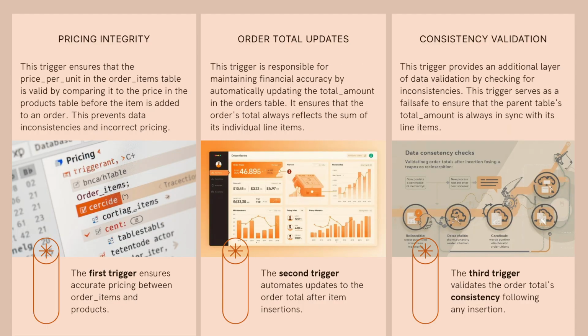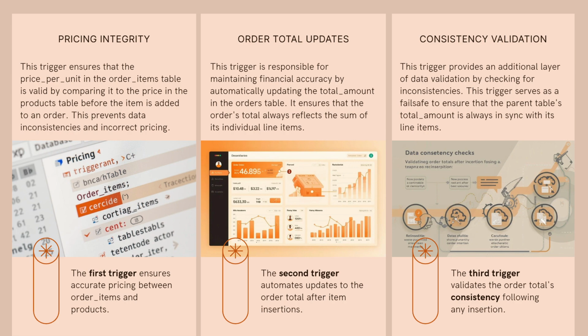Now, the second trigger that I have created is responsible for maintaining financial accuracy by automatically updating the total amount in the orders table. So, for example, consider that there is one order with which multiple order items are related, right?